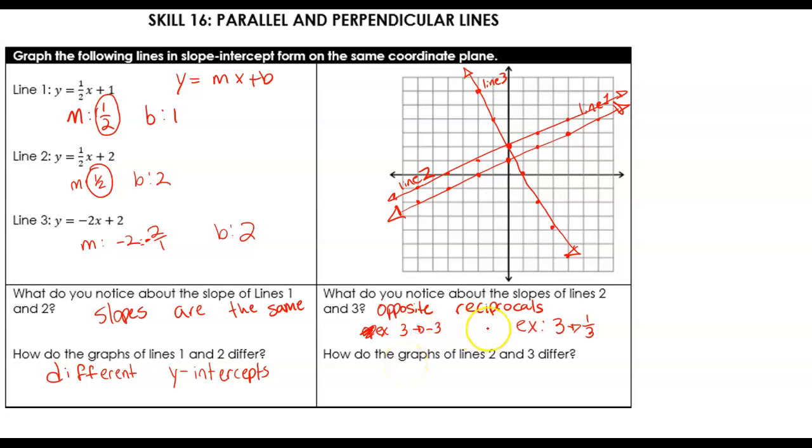So if we make opposite reciprocals of a number, we end up with a negative version if we had a positive version, a fraction if we had a whole number. And how do they differ? Well, not only are they going in opposite directions, they're actually perpendicular. They intersect once, at one point.